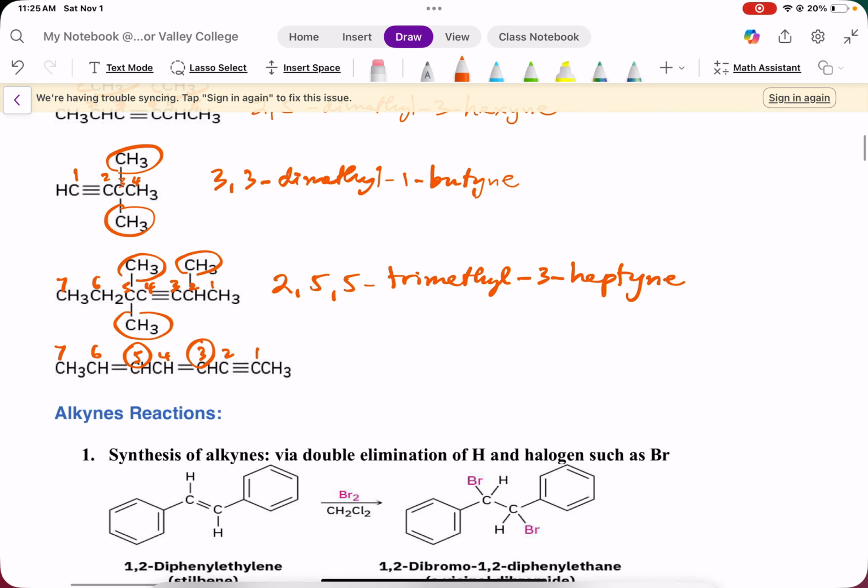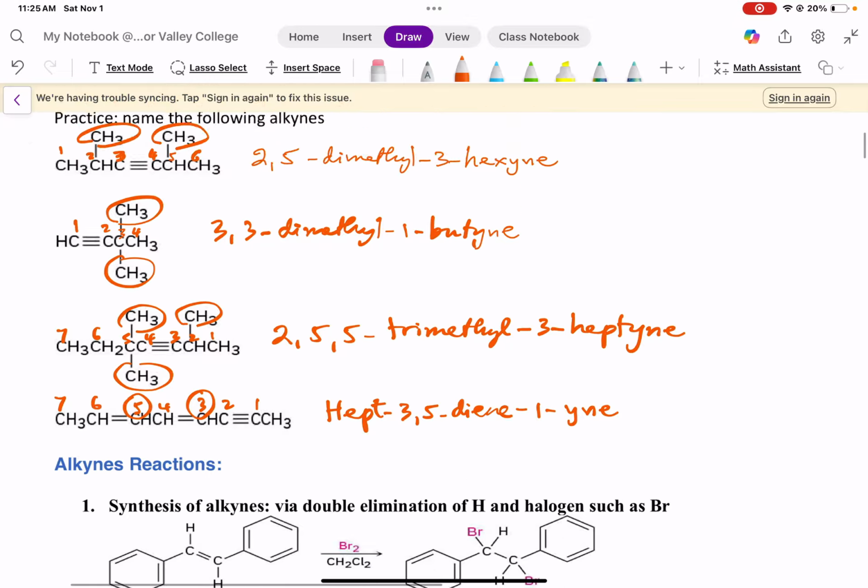So we got a 3, 5, a 7, so that's a hept-3,5-diene, and it's going to be a 1-yne. That's one way to do it. Or we can do 3,5-heptadien-1-yne, right?